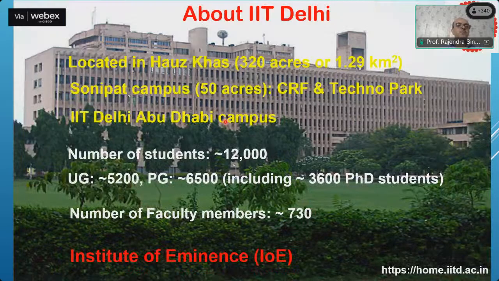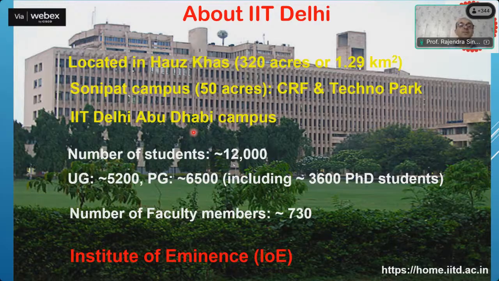I think most of you know about IIT Delhi, but just to give a concise summary: we are located in Hauz Khas, about 320 acres of land. But we also have two more satellite campuses. One is in Sonipat, which is about 50 acres, and we have a big central research facility and techno park there. And we also have another campus at Abu Dhabi, which is IIT Delhi Abu Dhabi. We have programs on materials, energy studies, and computer science and engineering right now there.